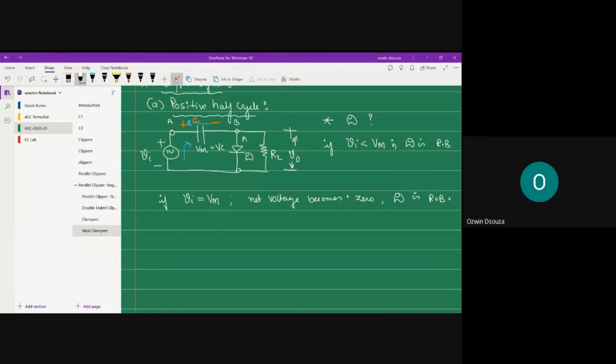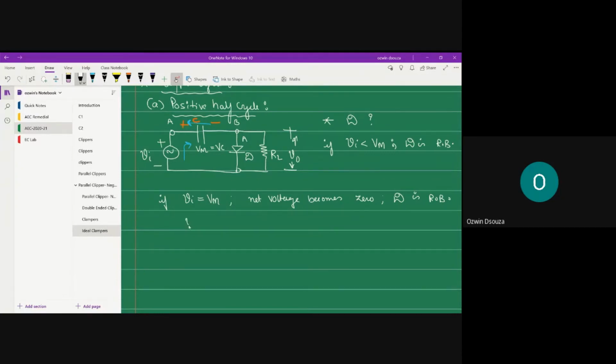This is a very important observation in a clamper. Once the capacitor is fully charged, in the output cycle the diode D remains off. Now I have taken only two cases. Input can be less than the capacitor voltage, or at the maximum, input can be equal to the capacitor voltage.